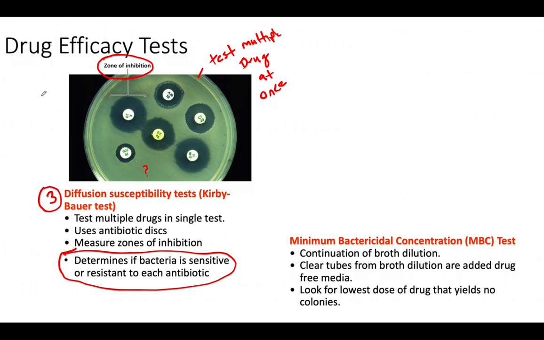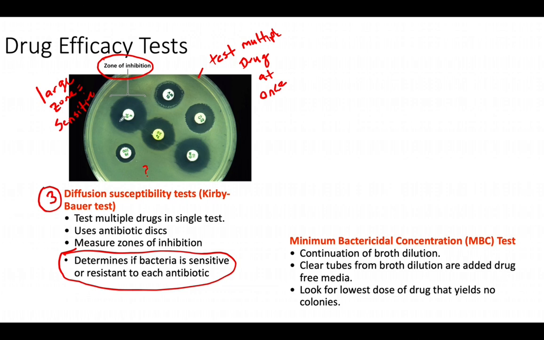And as you might guess, a large zone means the bacteria are sensitive to that antibiotic. So another way of saying that, when you see this big zone of inhibition, that means this antibiotic is effective at inhibiting the growth of this bacteria.